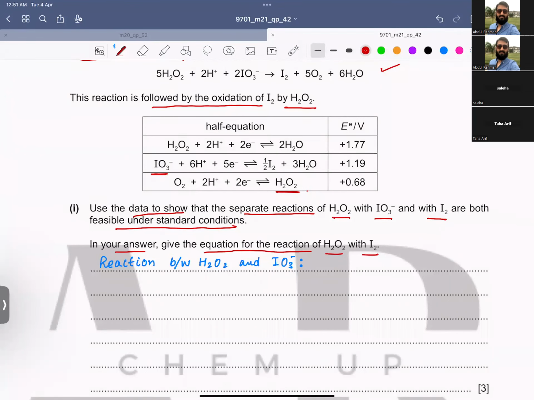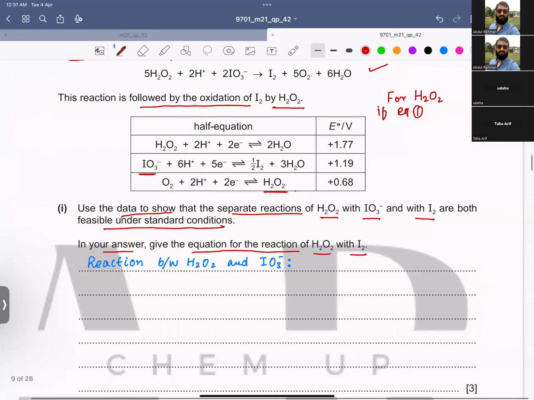So, let me tell you, for H2O2, if I choose equation 1, what does H2O2 have to do, either oxidized or reduce?